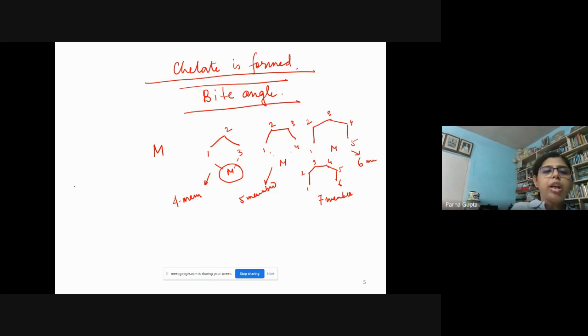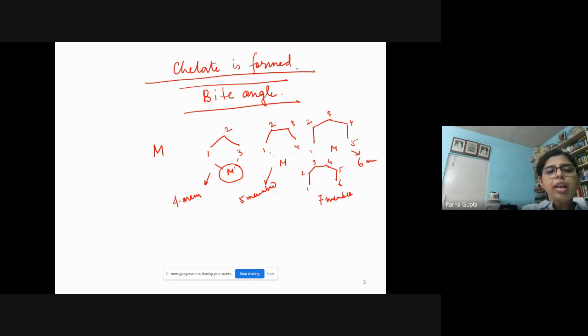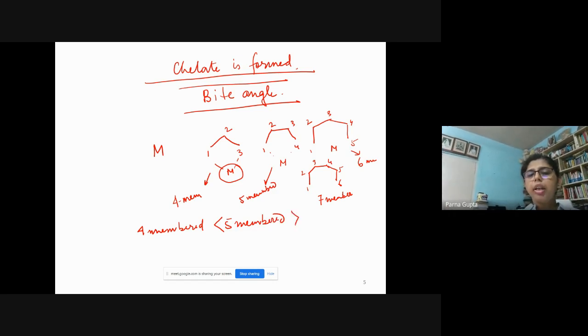Now one is the size, how many members. If you go for stability, the 5-membered is the most stable. Generally the 5-membered chelates are more stable.